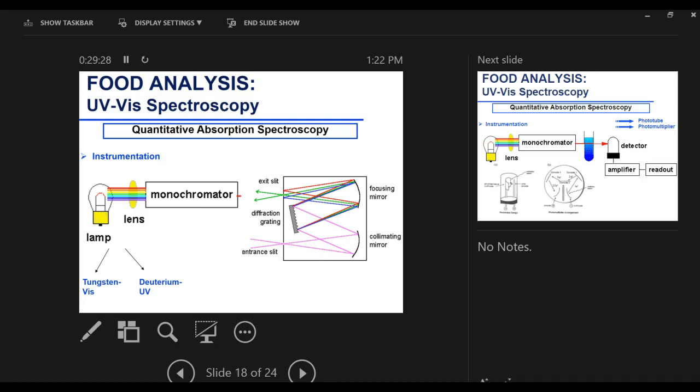And then the light gets diffracted into multiple wavelengths, and a certain wavelength is allowed to get through the entrance of light towards your sample.